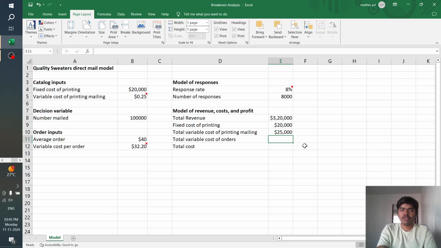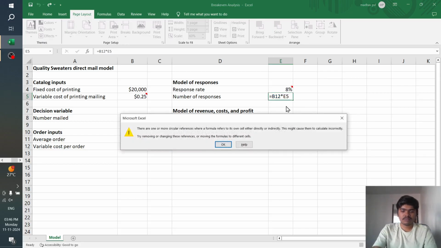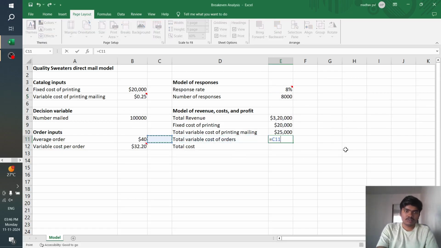The total variable cost of orders is the variable cost per order multiplied by the total number of orders. We got the number of responses from this, so we calculate the total variable cost as this times the number of responses.